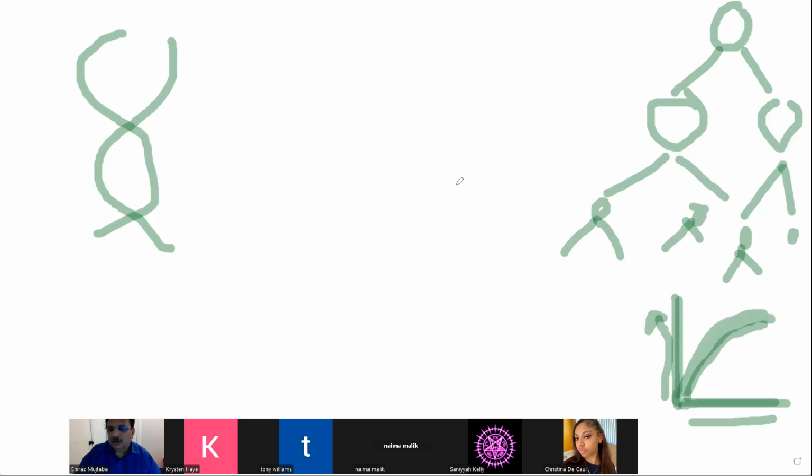Now, for each cell to divide, it won't make sense if the DNA doesn't also divide with the cell division. Because if a cell doesn't have DNA, then it's a ghost cell. It will die, it will perish.